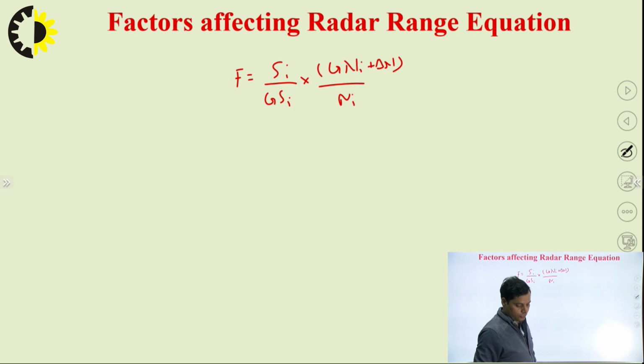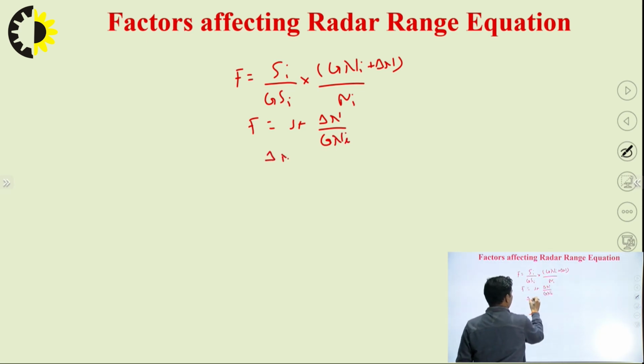From this equation we derive F is equal to 1 plus del N upon G Ni. Or we can write del N is equal to F minus 1 into G Ni.